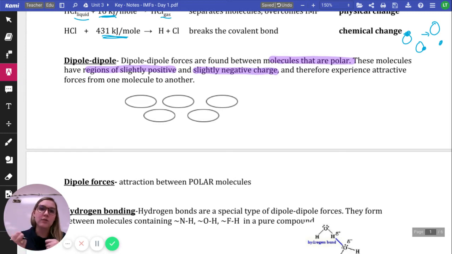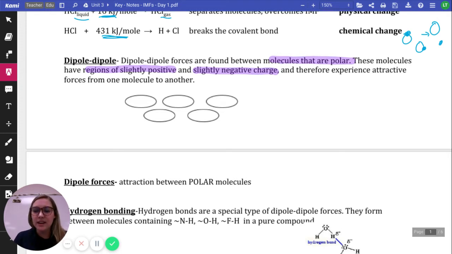Because remember, it's kind of a tug of war match between your electrons, and the ones that are more electronegative are going to have those electrons more often than those that are less electronegative, leaving us with that slightly negative, because the electron is more often on that side, and that slightly positive side. If you're a little confused on polarity, definitely go check back at the Unit 2 videos. There should be a video on polarity. Check that to make sure you understand, because it is going to be really important.